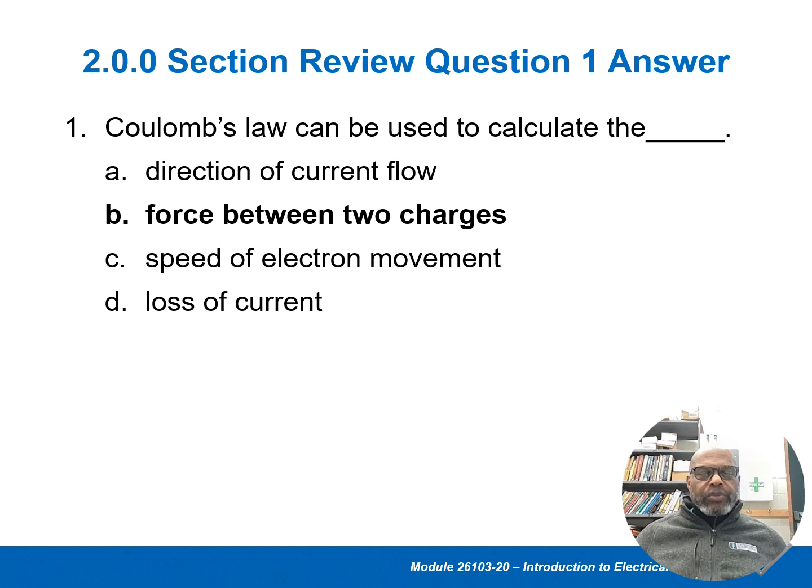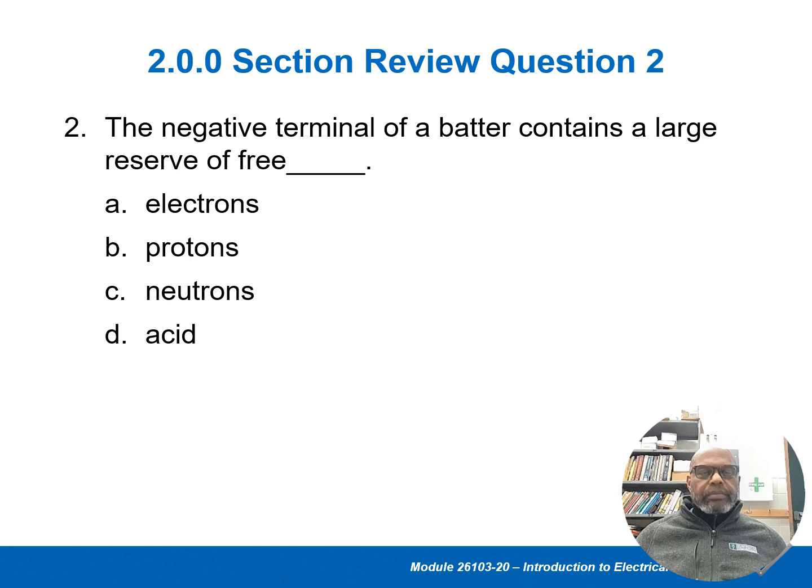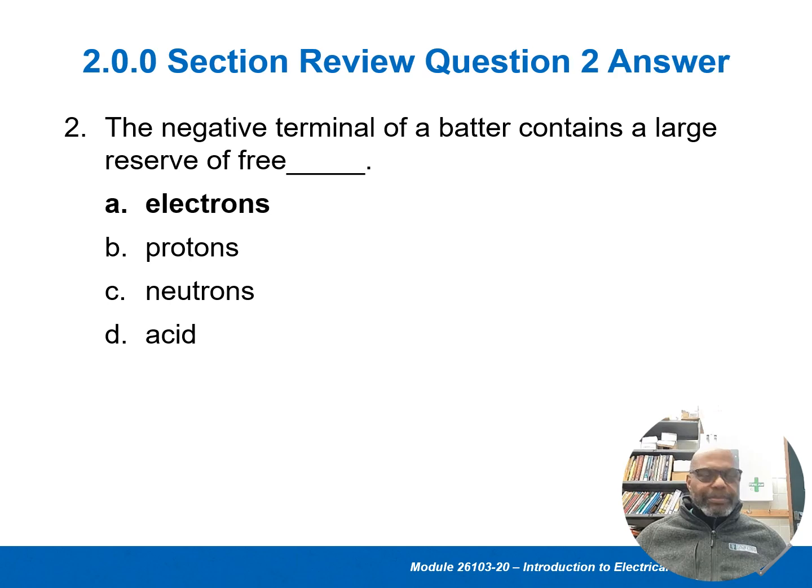It is the force between two charges, the amount of force or pressure between the two charges. The negative terminal of a battery contains a large reserve of free electrons. Oops, I just gave it away. Sorry.